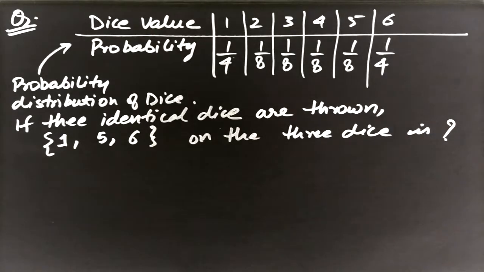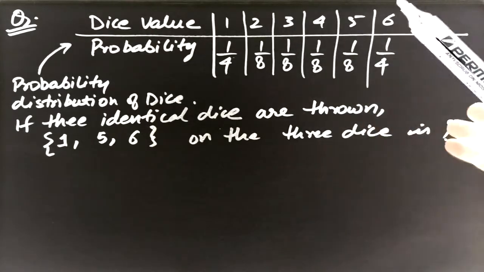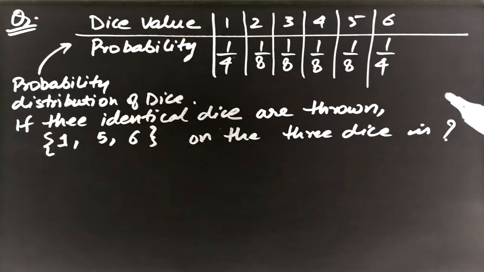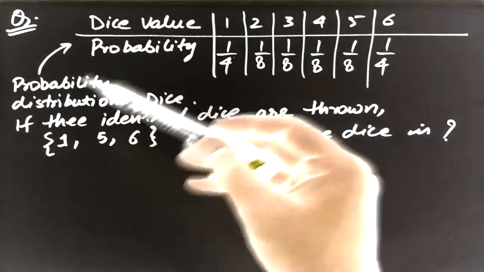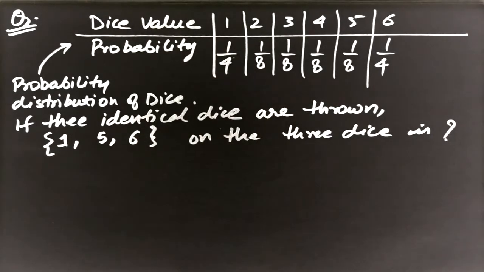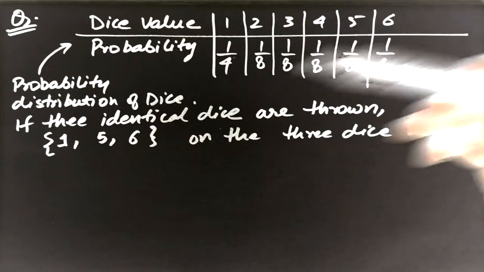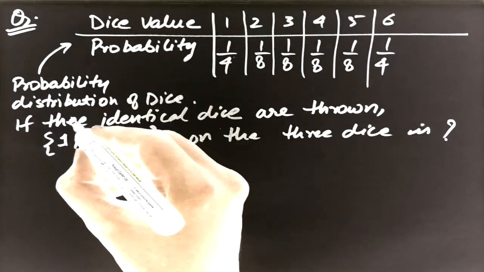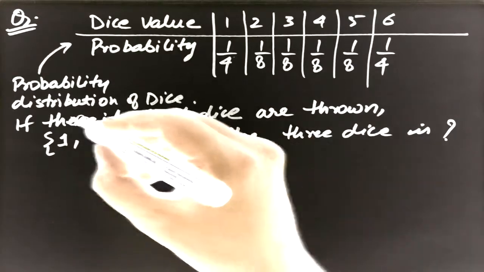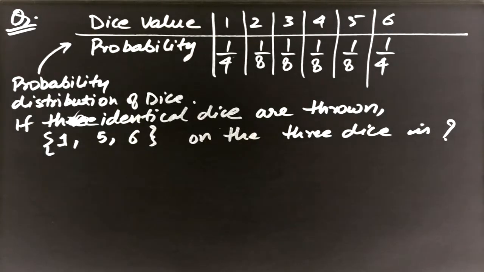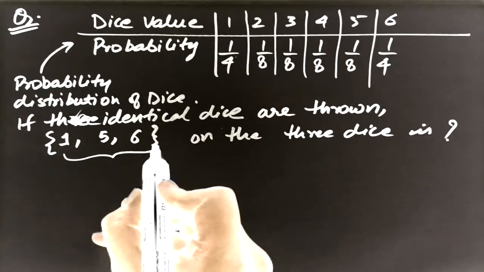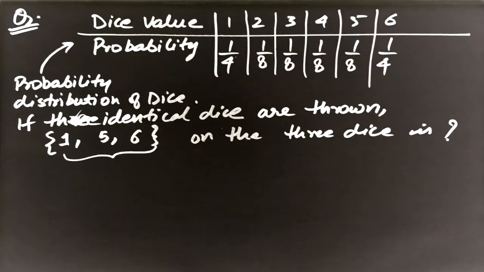The probability of getting numbers 2, 3, 4 and 5 is 1 by 8 each, and for 6 it is 1 by 4. So if 3 identical dice are thrown, what is the probability of occurrence of these 3 values on the 3 dice?